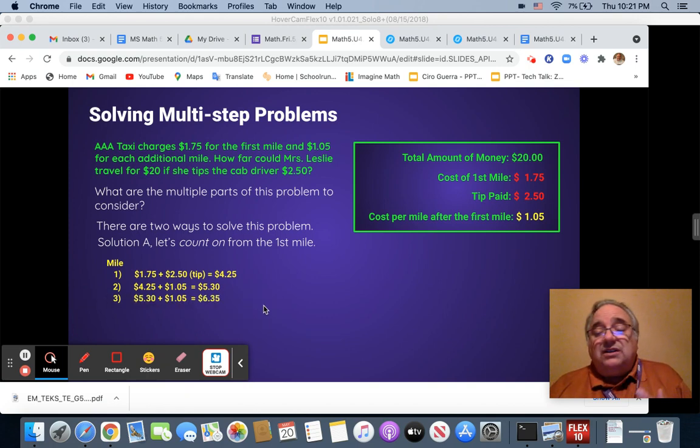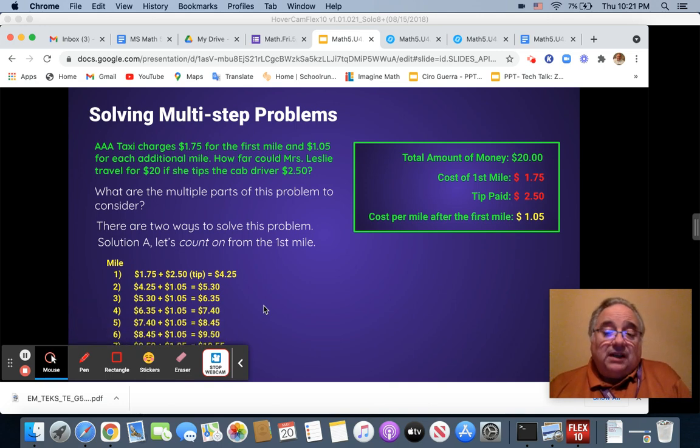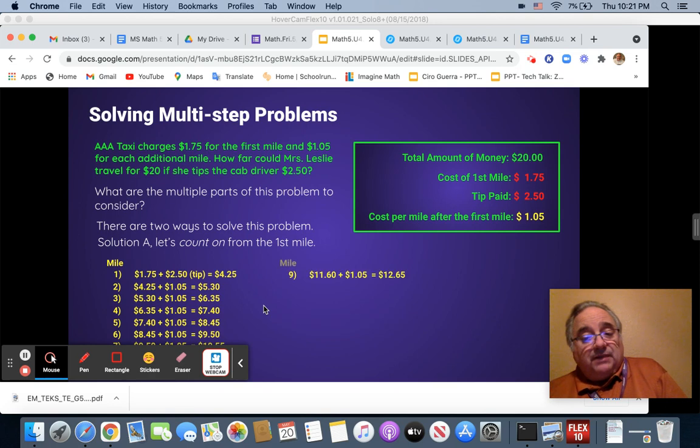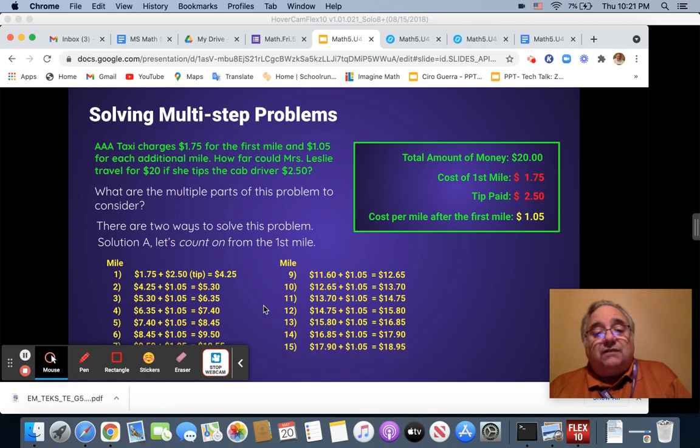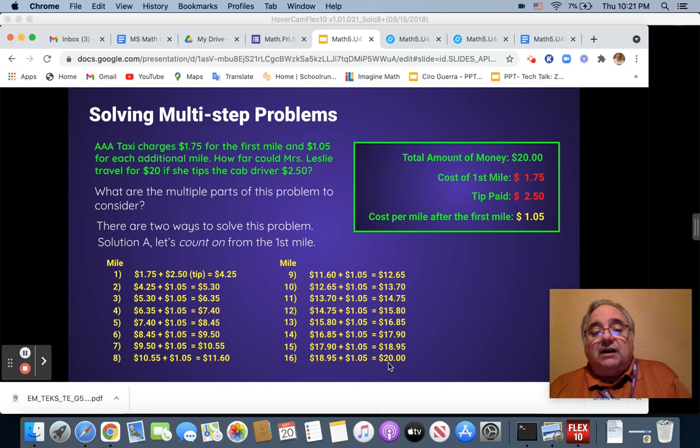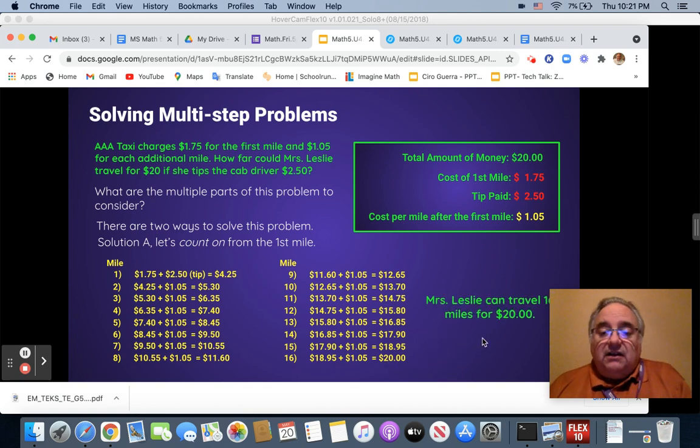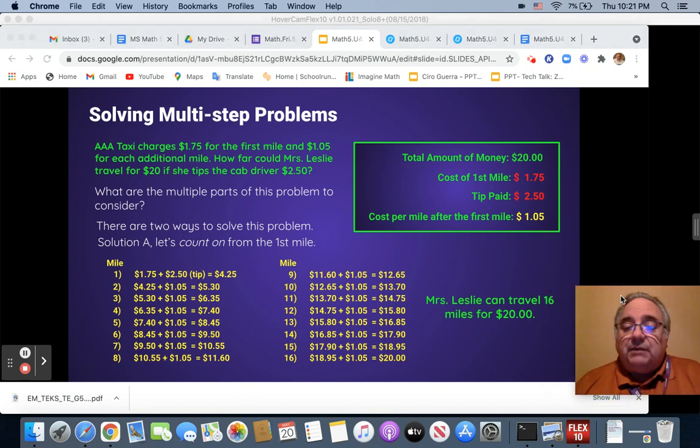Now I can go through this all the way through. It's going to take a little bit longer. I usually do it a different way, but I'm going to show you that we get the same answer doing it this way and the other way. You're going to see that we get a total of 16 miles that we use here for $20. So Miss Leslie can travel 16 miles for 20 bucks.